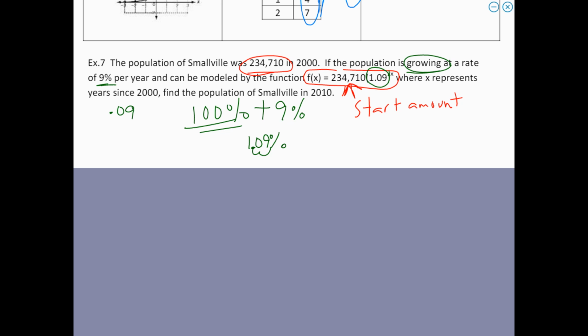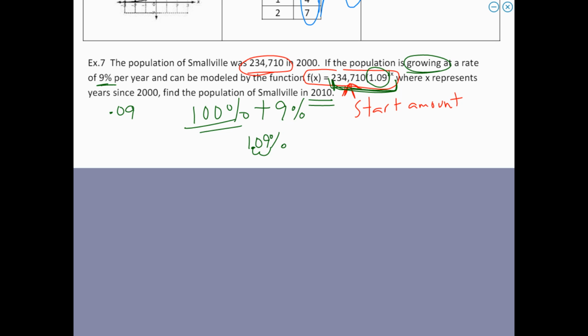So in your calculator now, calculate this equation. What am I going to substitute in for the x? Because it wants to know in year 2010 what the population is going to be. What am I going to substitute in for x? 10. Why 10?